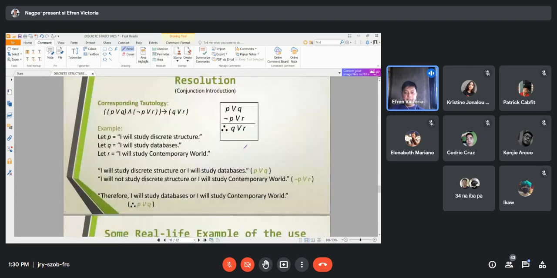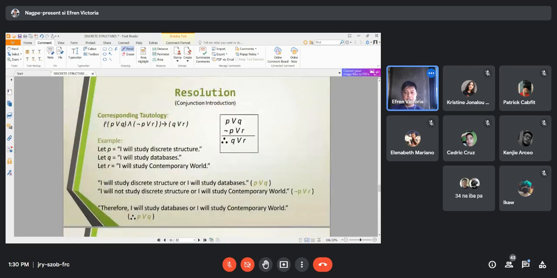So, resolution. Ito yung corresponding tautology natin: P or Q and not P or R, then Q or R. So, let P, I will study discrete structure.